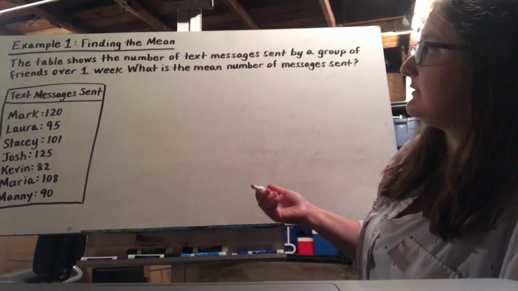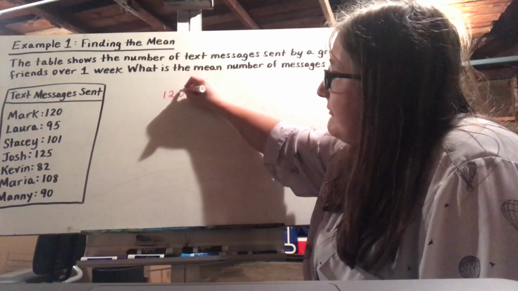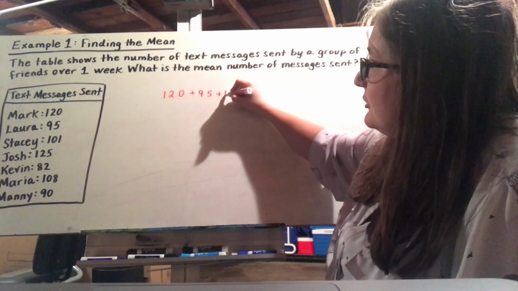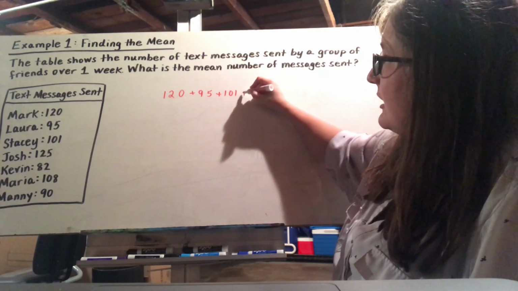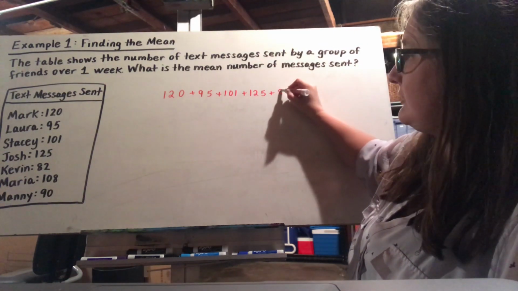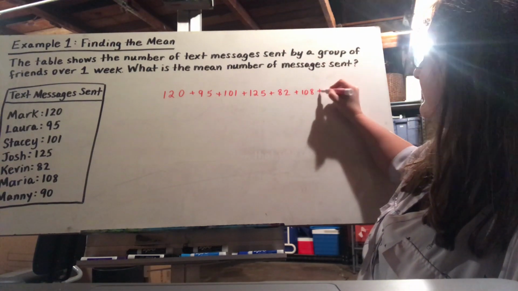So Mark sent 120 messages, Laura sent 95, Stacy sent 101, Josh was tops there with sending 125. Kevin was at the bottom sending 82. Maria sent 108. And Manny sent 90.